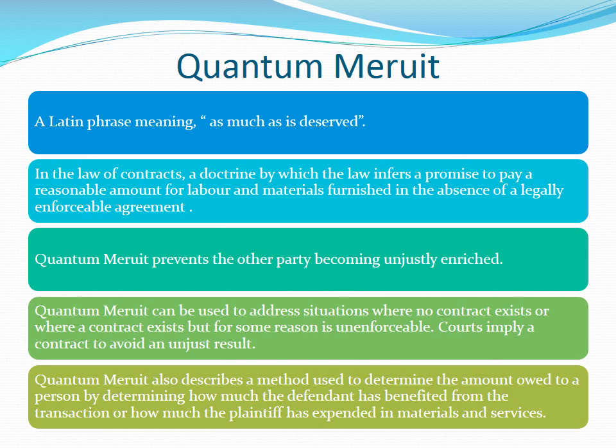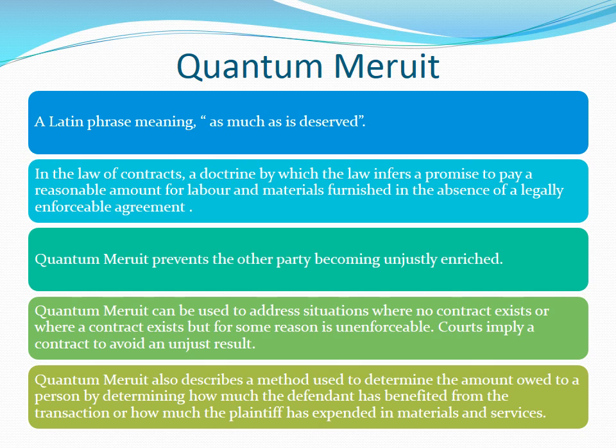Quantum meruit is a Latin phrase meaning as much as is deserved. Sometimes the court will take a slightly different approach, where the court will imply a term to the contract saying that work done would be charged at a reasonable price.